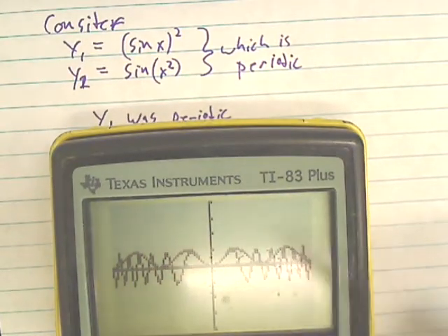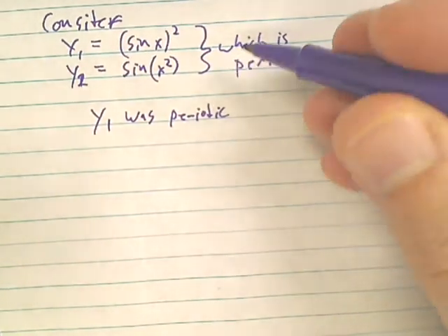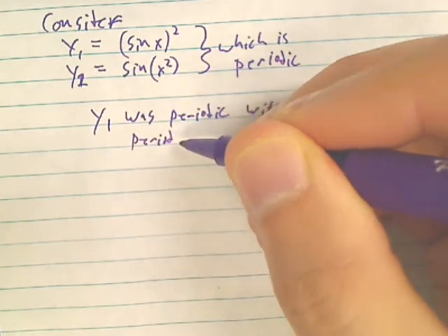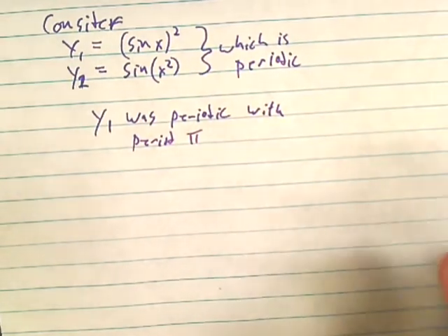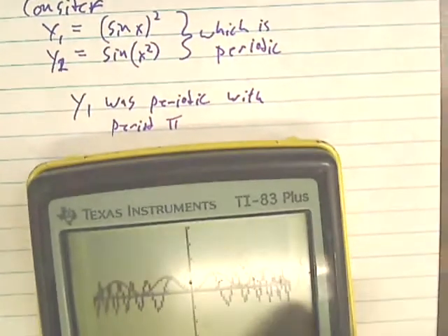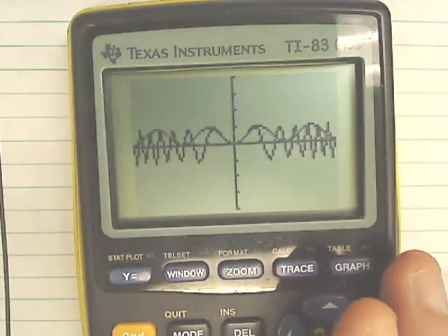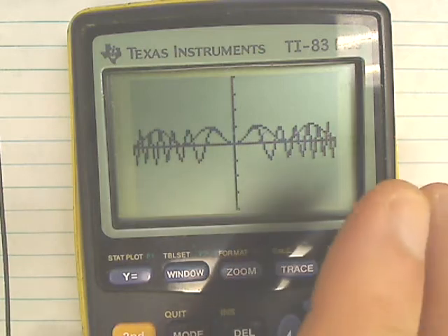It repeats after pi. y2, well, you could say it has a period, but that changes. That period always gets smaller. So we don't really say that it does have a period. Because it changes, it doesn't have a period.